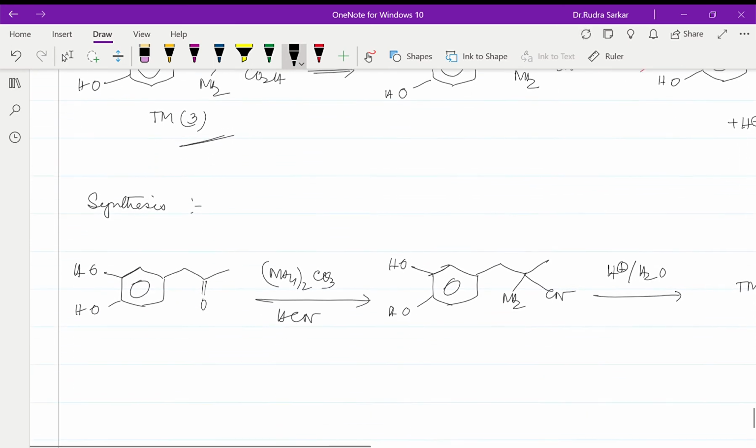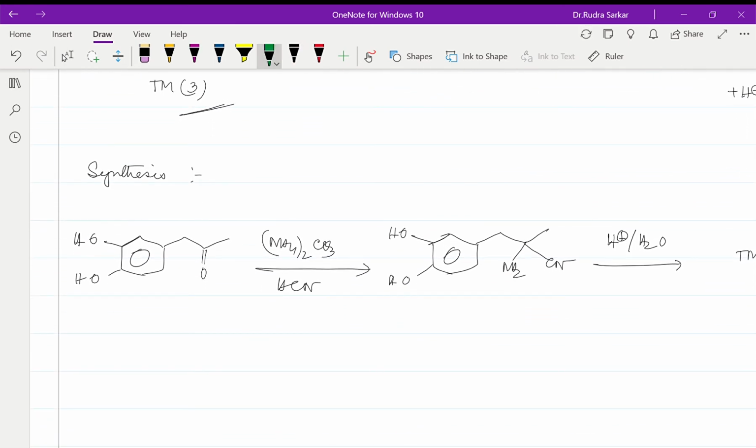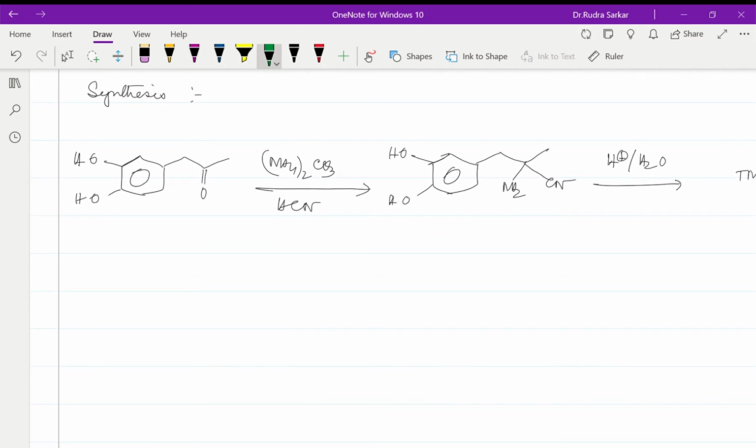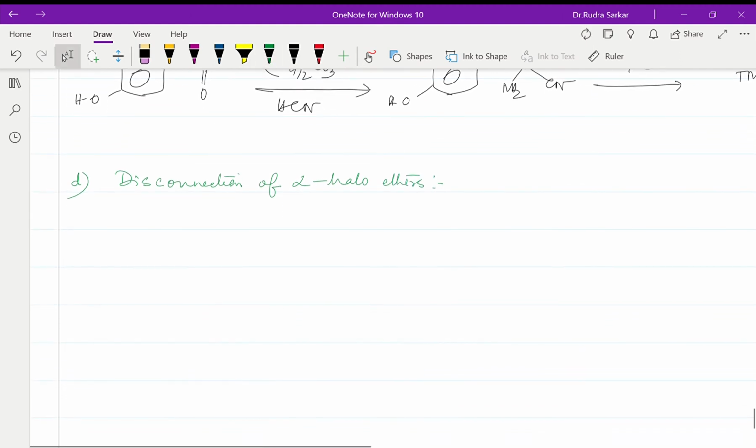Okay, next we will disconnect. So this is our D. Let's say we are considering the disconnection of alpha haloethers. So how to find out the starting materials of alpha haloethers?